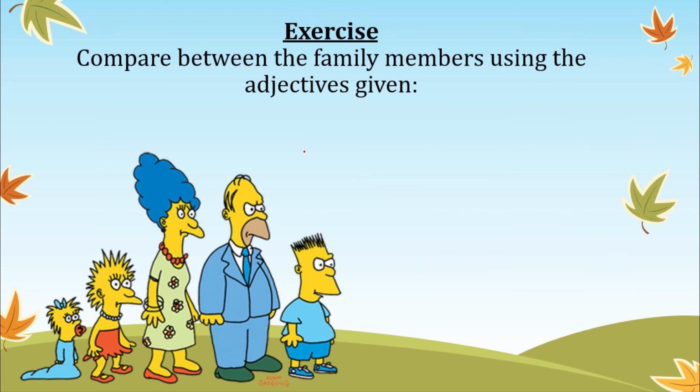And the last thing we have is a beautiful exercise. In this exercise, you will have to compare between the family members using the adjectives that I will give you. The family members are Molly, Sally, Elizabeth, James, and Norman.